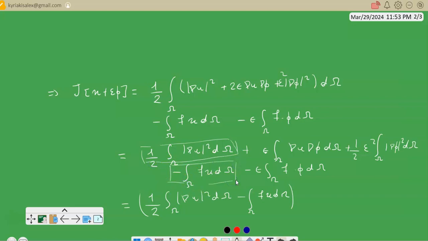So we put these terms together, plus epsilon integral over omega grad u grad phi plus 1 divided by 2 epsilon squared grad phi squared d omega minus epsilon integral over omega f times phi d omega.